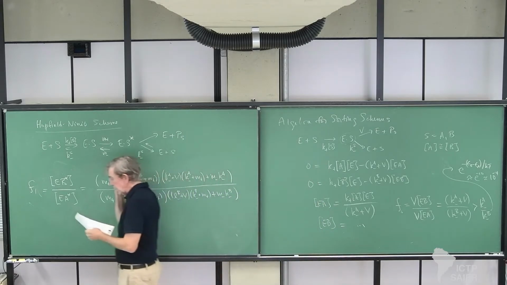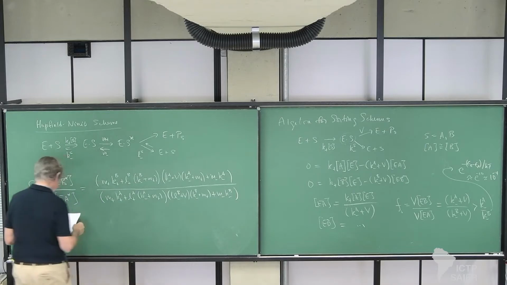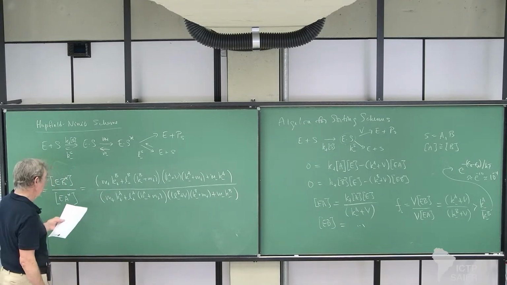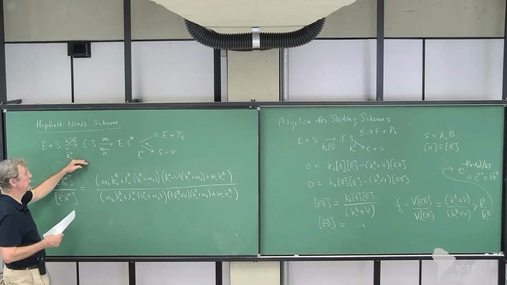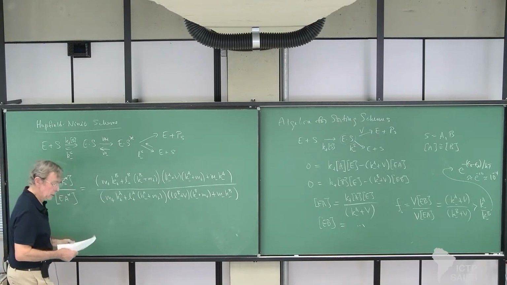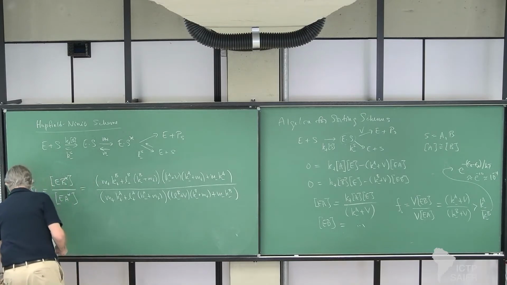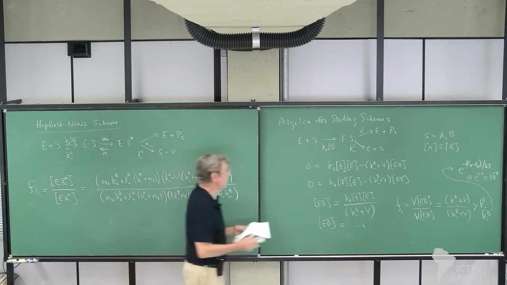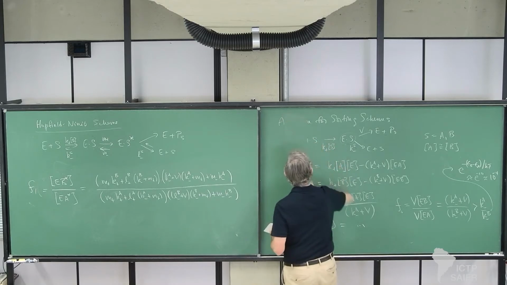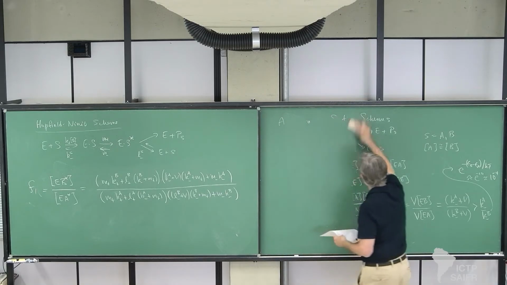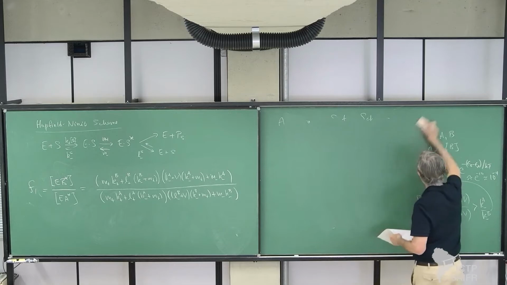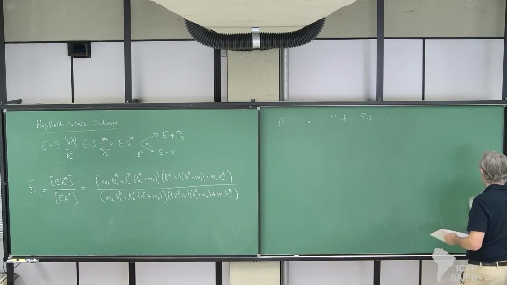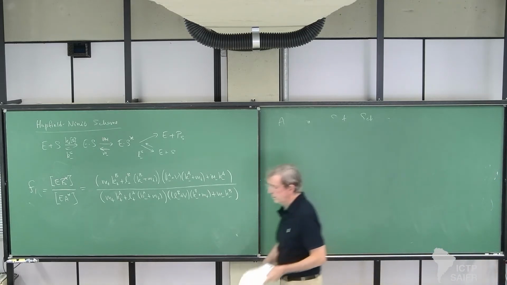They're not entirely arbitrary in the sense that if you have thermal equilibrium, there must be something called detailed balance. I just want to give you a quick idea of what that entails, and then we'll have a look at the simulation. As I say, the parameters are not completely arbitrary.